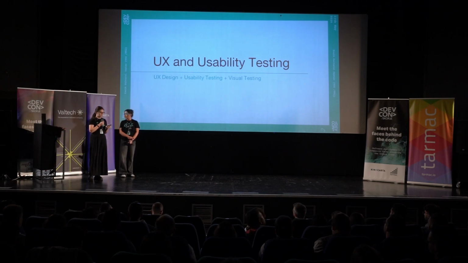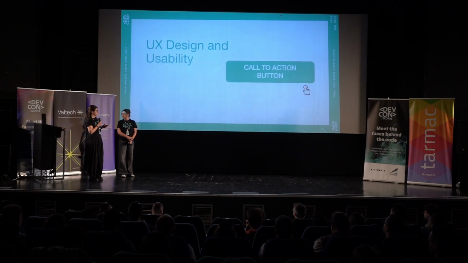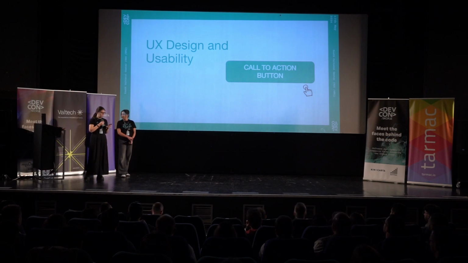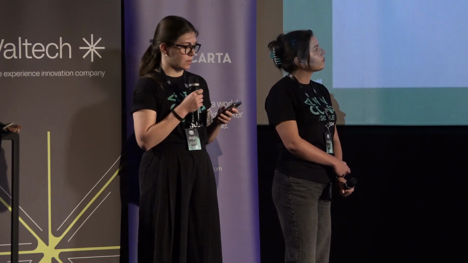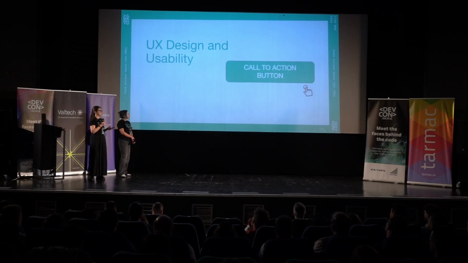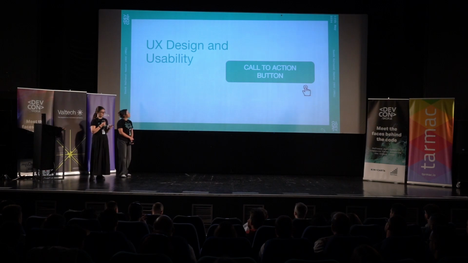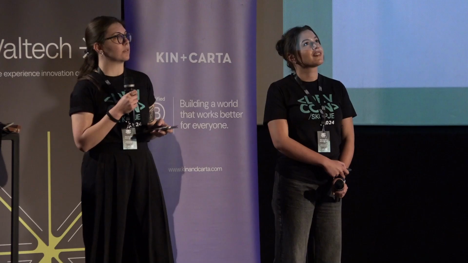A simple example would be a call to action button, which is easily noticeable and stands out. Understanding the psychology behind effective CTA buttons helps us as designers to create buttons that effectively encourage users to take actions, thus enhancing the usability of the product.